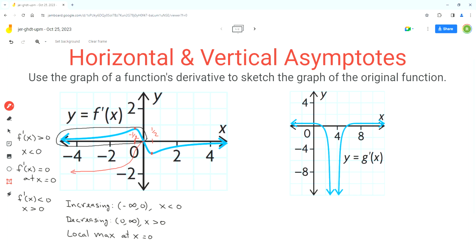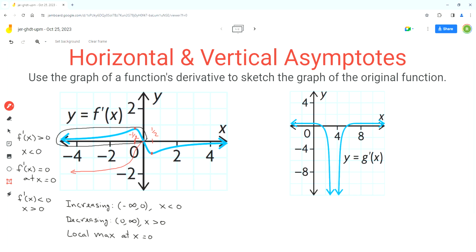Now as you can see on the extreme left, the graph of f prime of x is quite close to the x-axis. That means the graph of f of x should gradually become horizontal as we go towards the left side, because f prime of x gets closer to 0.